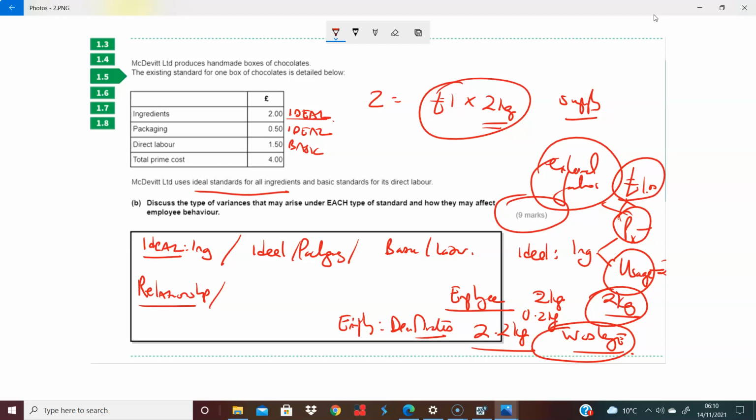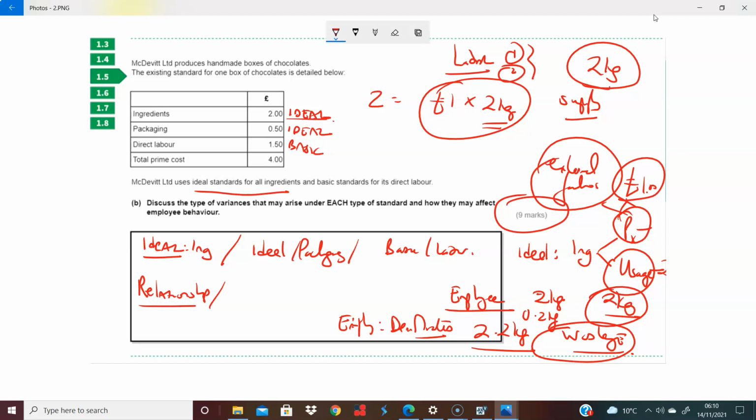The other issue here about relationships is that you might just not have very efficient people working for you. Because of that, yes, you want to use 2 kilograms to make each item, but inefficient labor, laborers who are just not as good, or who are just learning and training, will probably use more kilograms than they should.